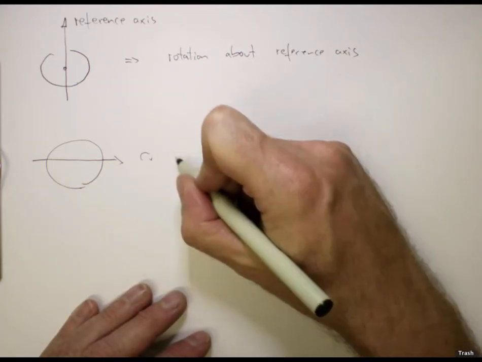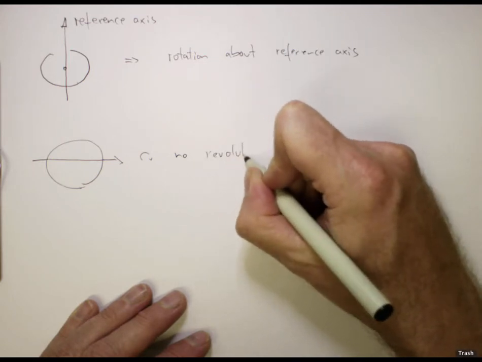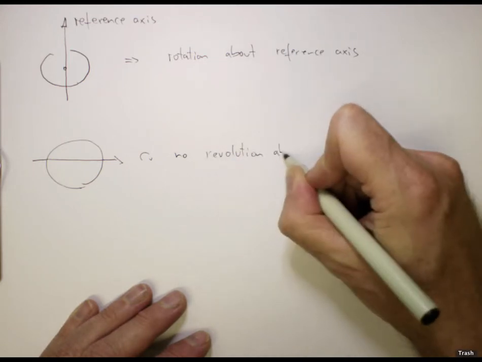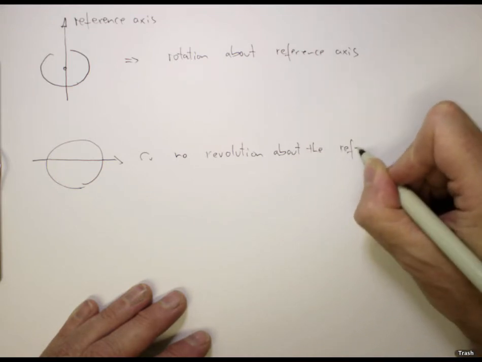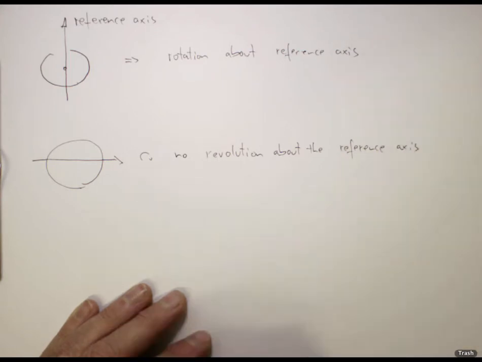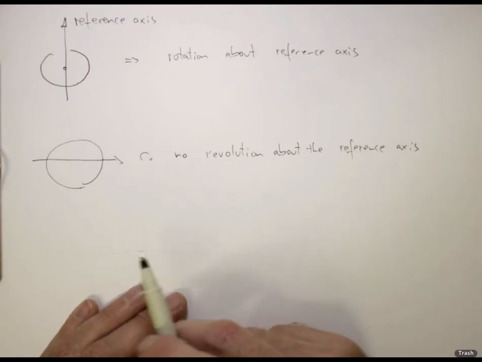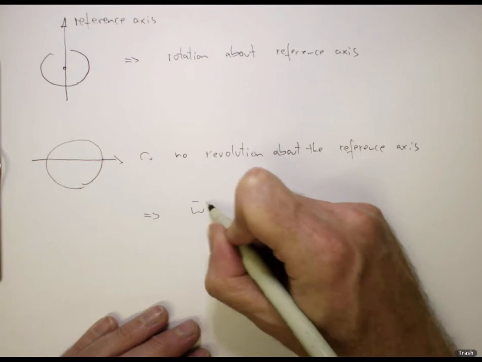So in this case, no revolution about the reference axis. So you can see that there is a directional quality associated with omega, and that's why omega needs to be a vector.